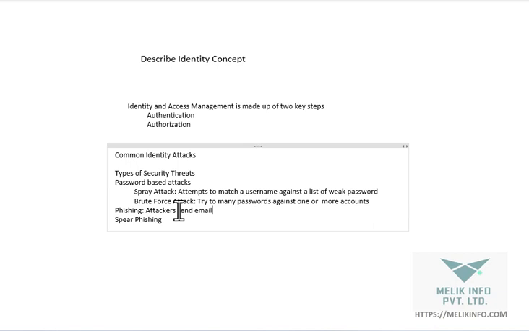In Azure AD, we have Identity Protection. If any suspicious action is detected, it can detect the risk.